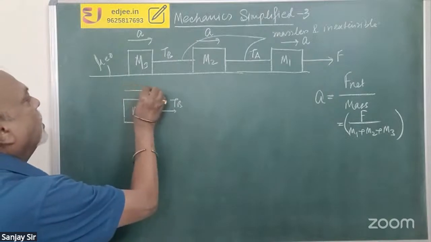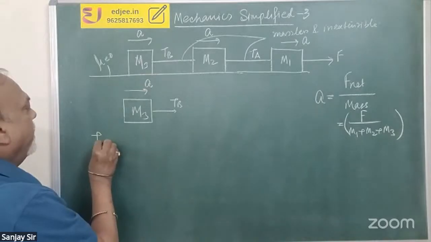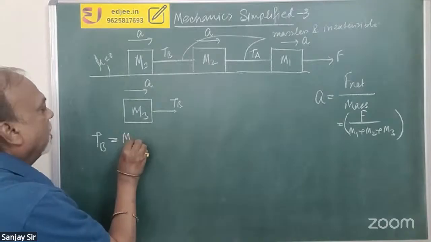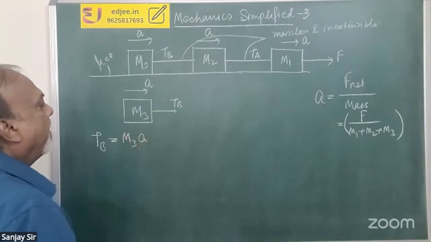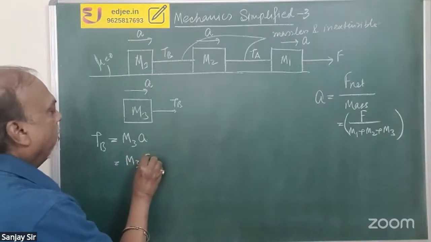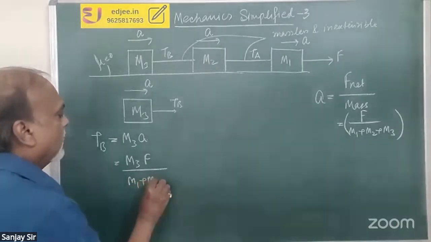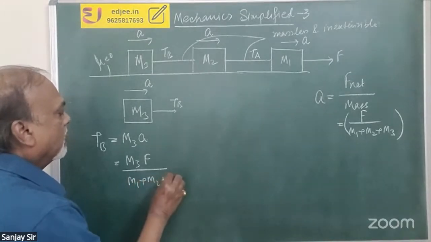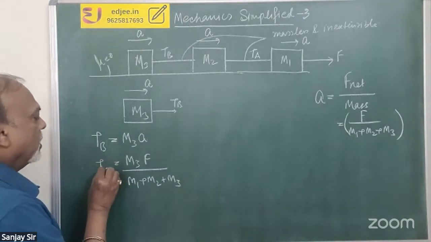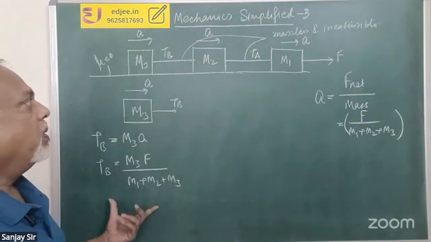And this block is moving with acceleration A. That means TB must be equal to M3A, or we can say M3 into F upon M1 plus M2 plus M3. There is no doubt about it. We have found out TB, correct?